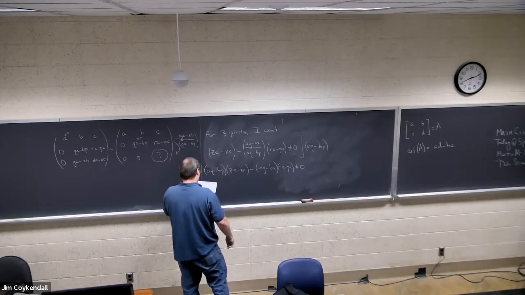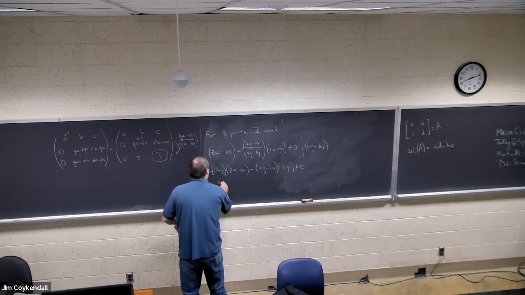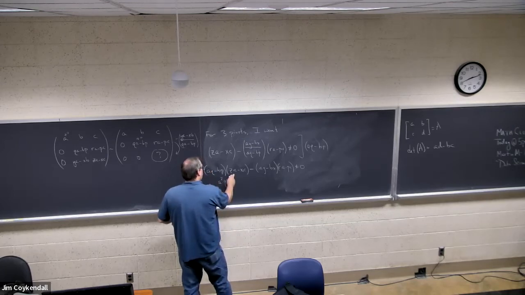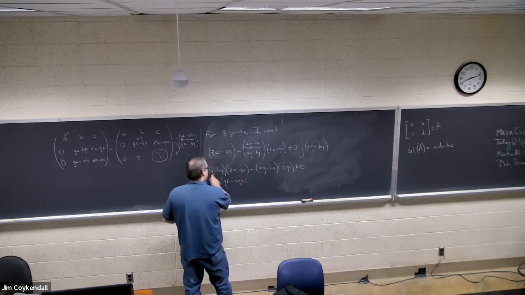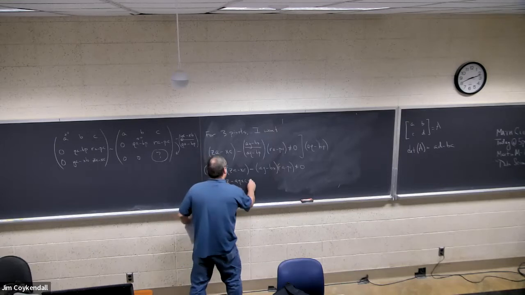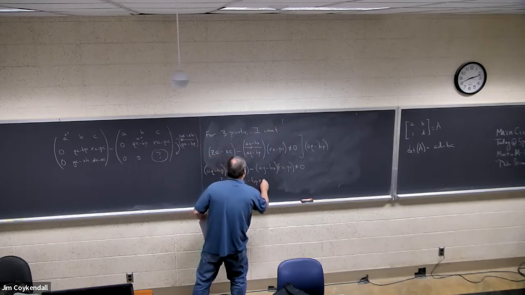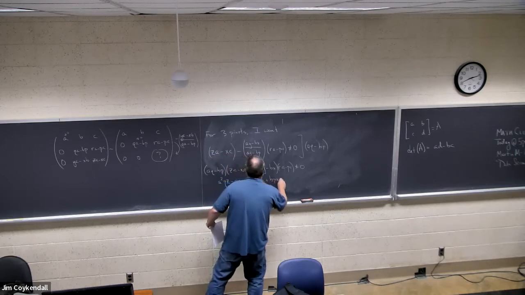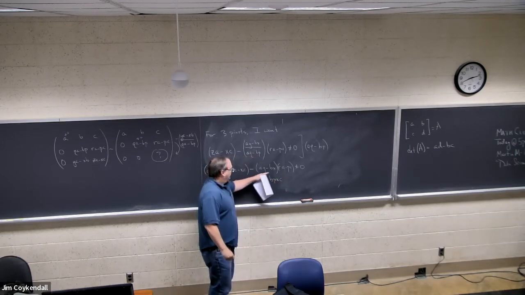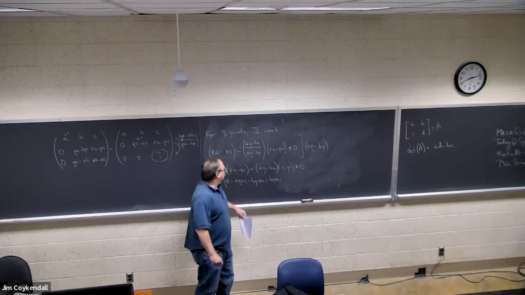If I multiply this out, I get A squared QZ, multiply this, I get minus AQXC, multiply this, minus BPCA, plus BPXC. Then I'm going to multiply this out. Be careful, there's a minus in front.